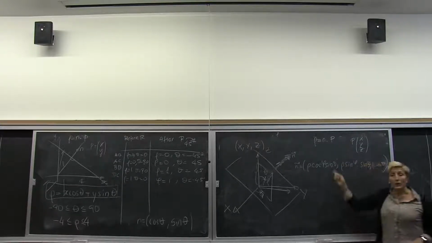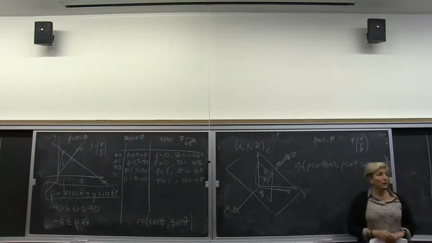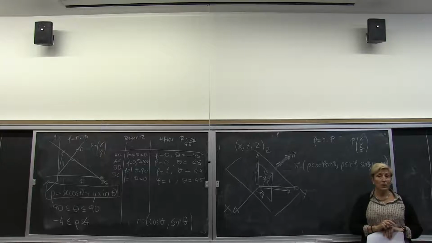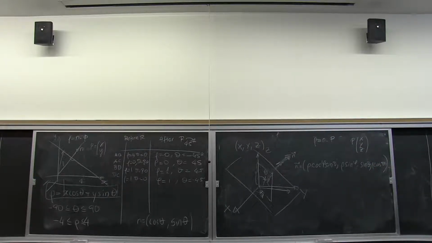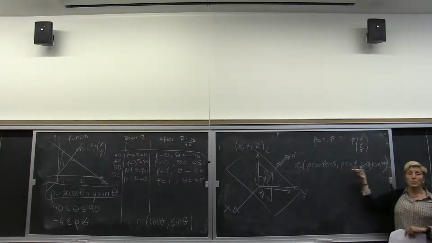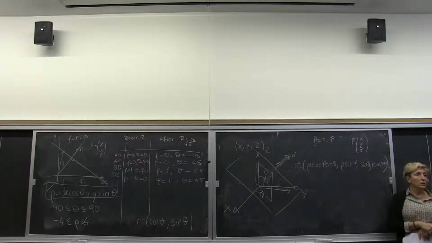Okay? Now, is this vector the way I wrote it unit norm? What's the length of that vector? What's the norm of the vector? Do this guy square plus this guy square plus this guy square. What do you get?